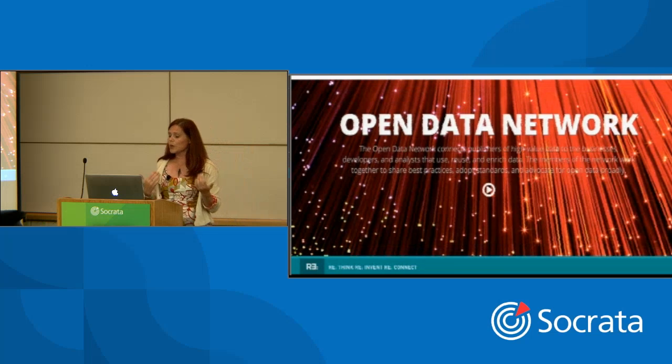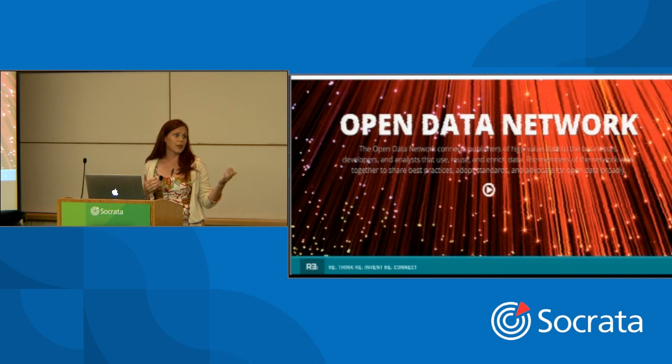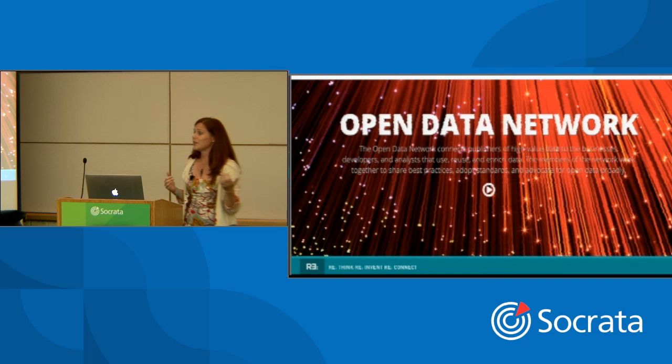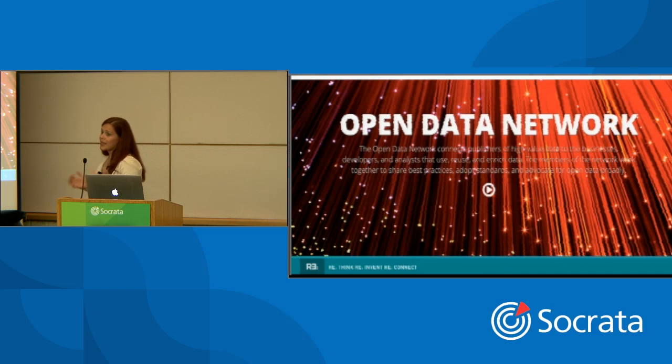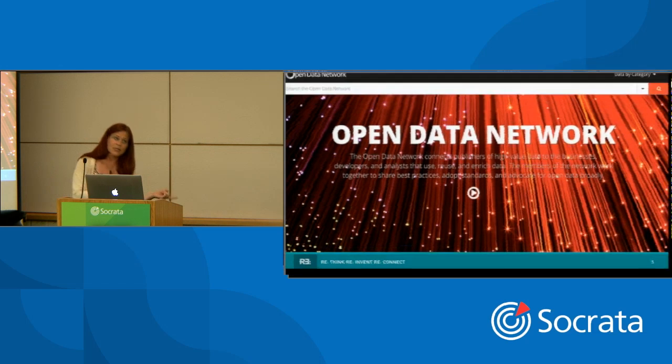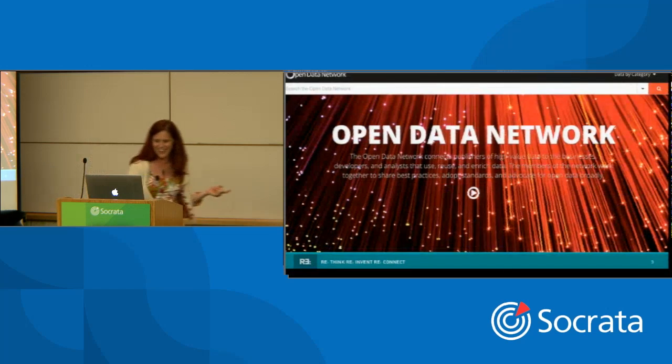So this is what we're going to dive into today. I want to talk to you conceptually about the three different prongs of the offering, and then I'm going to shut up and let these guys show you what we're talking about.